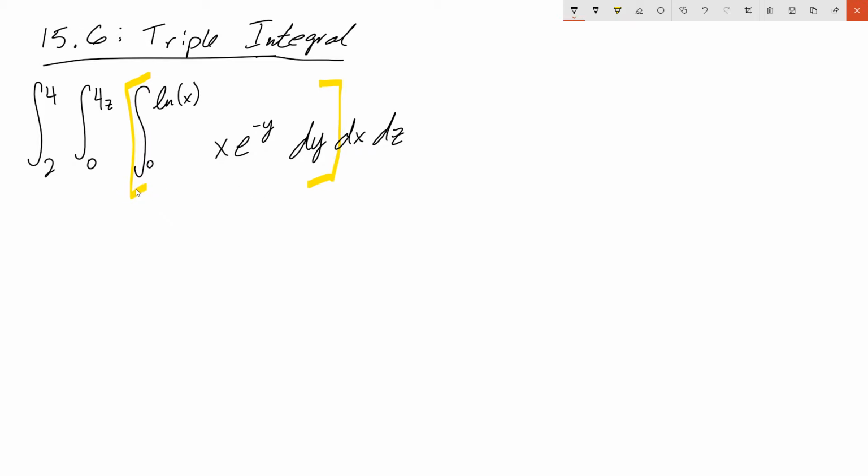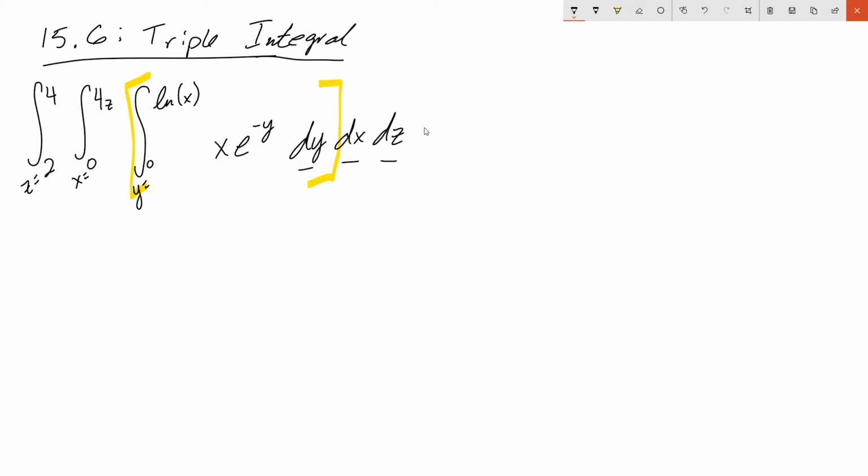And a tip before we get started too is you see this dy, dx, dz, and like I said, we're going to work from inside to out. It always helps to just label what your bounds are over here. I'll just draw it in at the bottom. So we have y equals 0 to ln of x, x equals 0 to x equals 4z, and z equals 2 to z equals 4.